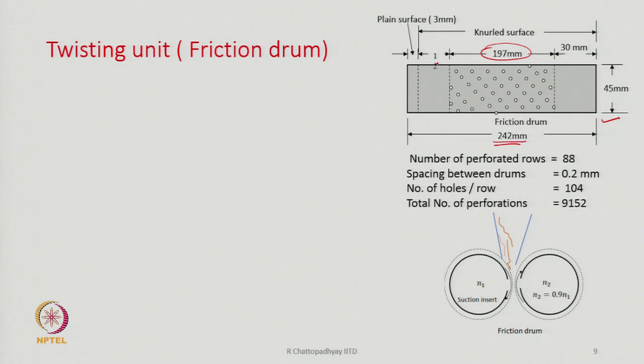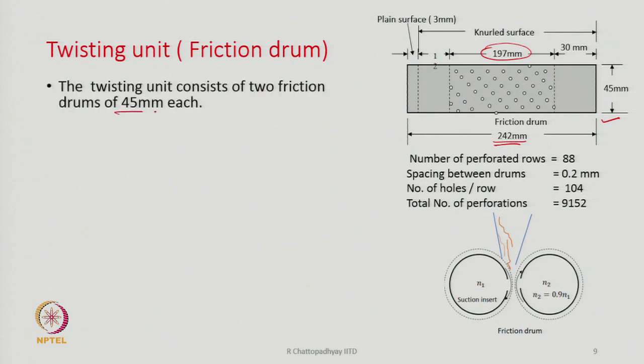So, you have to have good friction between the drum surface and the fiber. The surface of the drum is not really smooth; deliberately it has been made a knurled surface so that more friction can be there. Drum diameter is 45 mm, as also shown here.